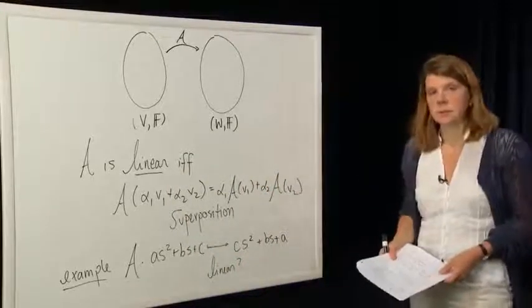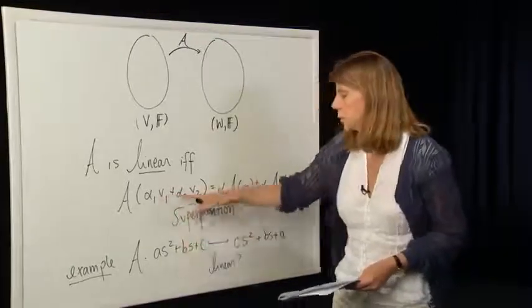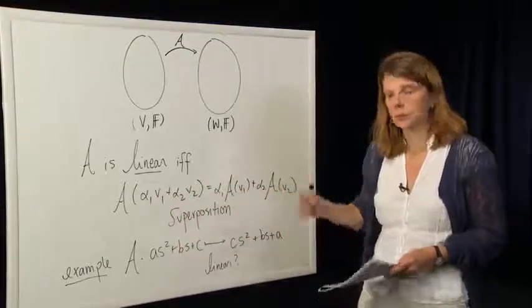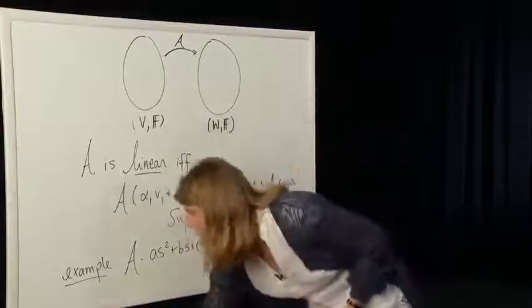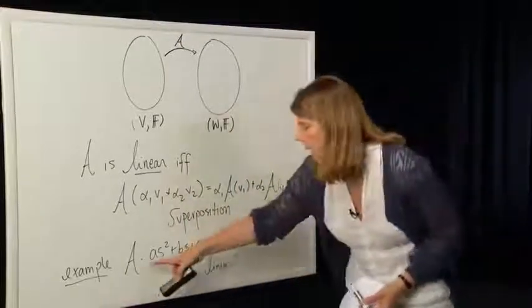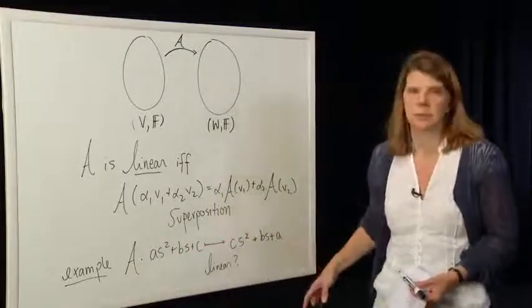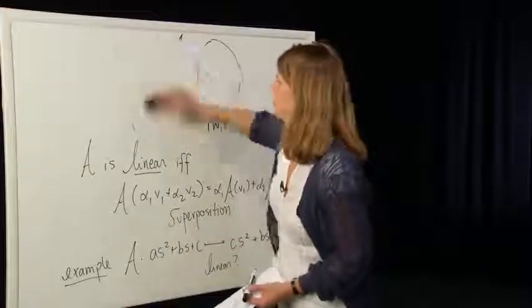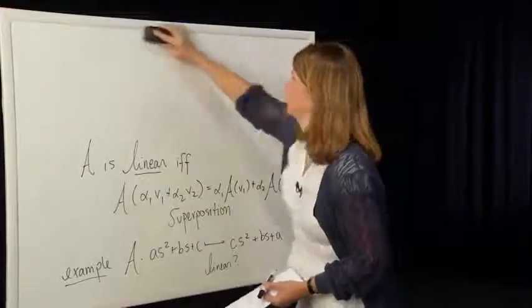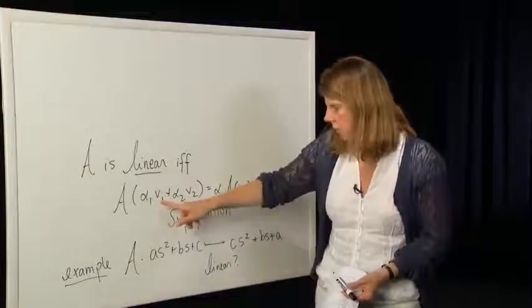The answer is yes, but in order to support the fact that it's linear, what one would have to do is show that this property holds. So let's quickly go through that and show that the property of superposition holds for the map A, which is defined in terms of what it does to elements of this space of polynomials. The way to do this properly is to just show this holds.